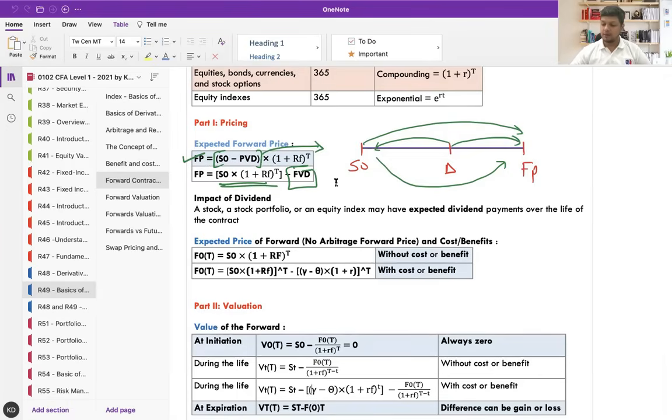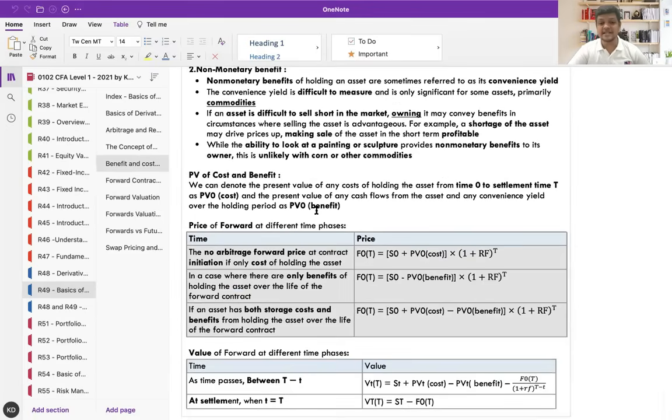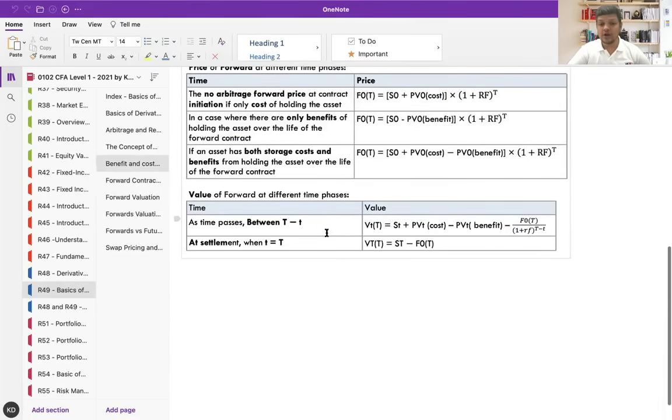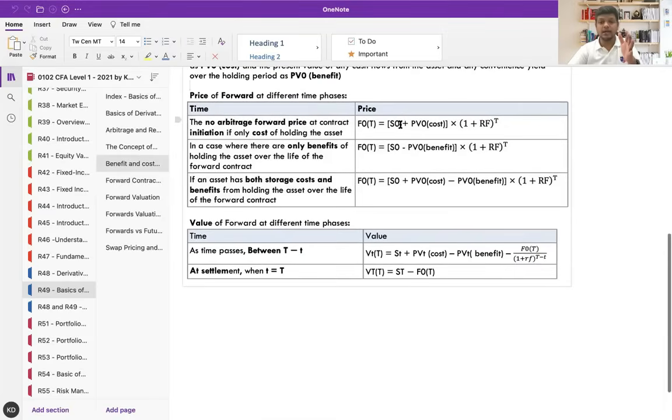So mostly pricing of the future will not be an issue. The valuation will be. So now I'll take you to the slide where everything is mentioned. So here you see what the pricing is. The pricing is spot. If you have the benefit, subtract it. If you have the cost, add it.